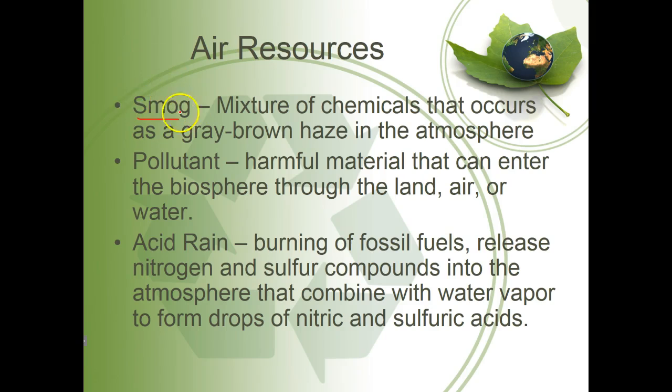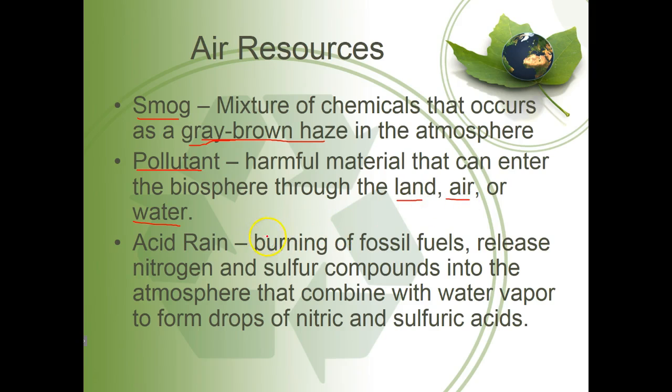A lot of times in big cities, like Mexico City or in China, Japan, a lot of those places, they have a much bigger smog issue than we do in the U.S. A pollutant is any harmful material that can alter the biosphere through the land, air, or water. Pollutants are things that can be leached into water supplies from plants or factories. They could also be leached into land, and into the air.